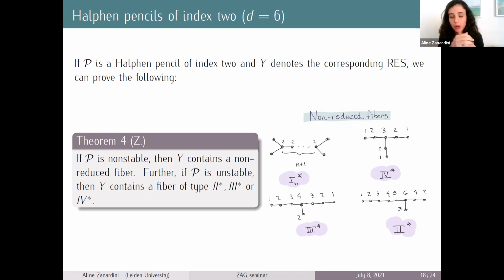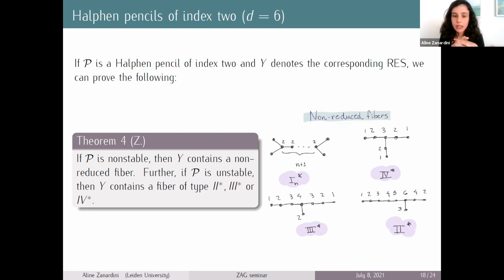Just to remind you, the non-reduced fibers are the ones that I drew here on the right. What I'm drawing is the dual graph for the fiber, and the numbers are just the multiplicities of the components.